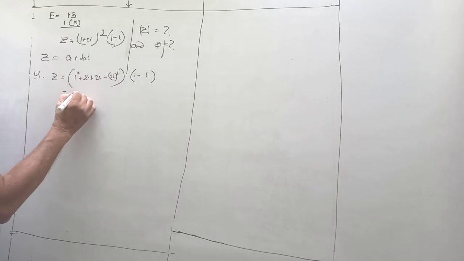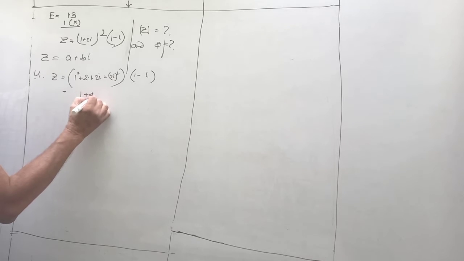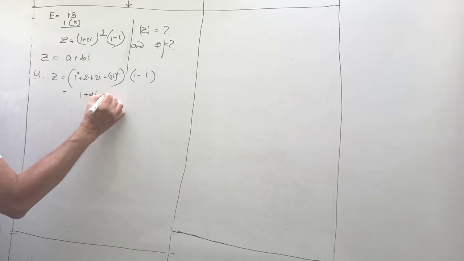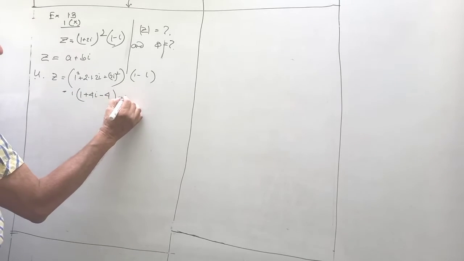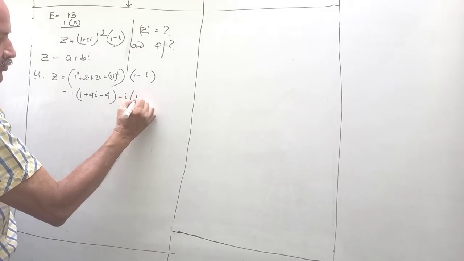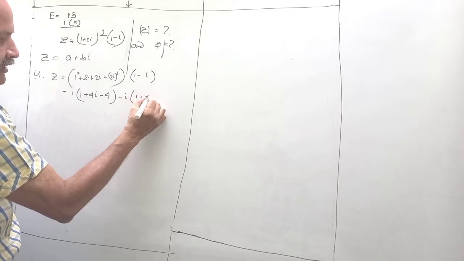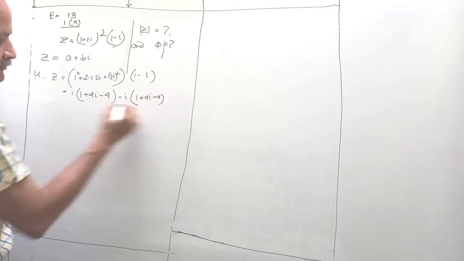If I simplify, (1 + 2i)² is 1 + 4i − 4, multiplied by (1 − i).